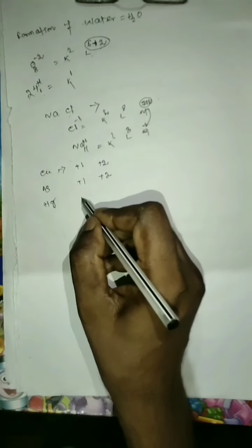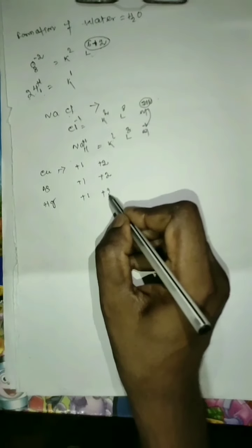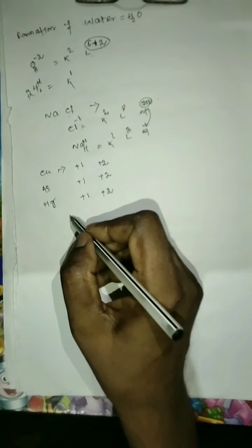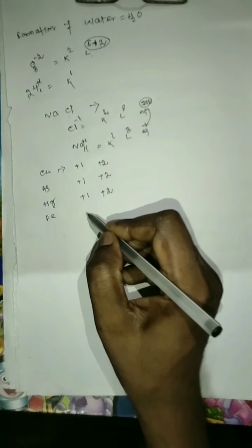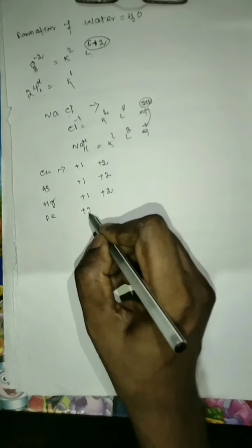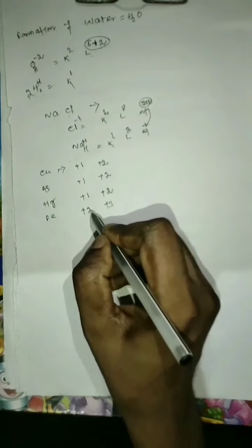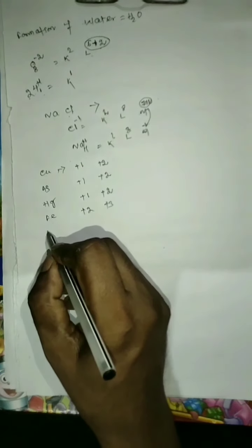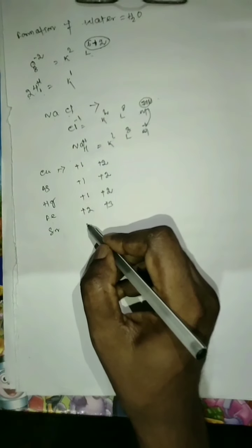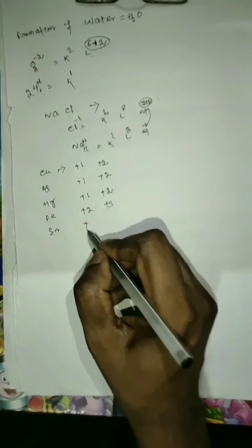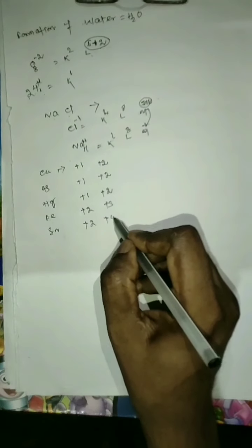Mercury Hg +1, +2. And also iron, ferrum is coming from ferrum. This is also +2 and +3. Iron, tin also. Tin is Sn, the Latin name is stannous. Tin is +2 and +4.